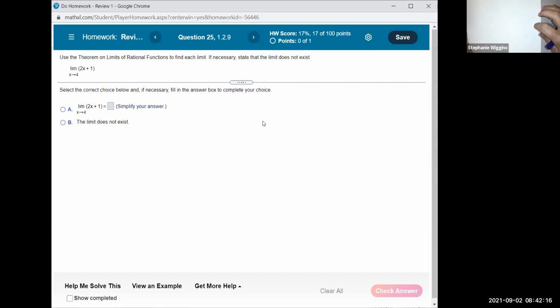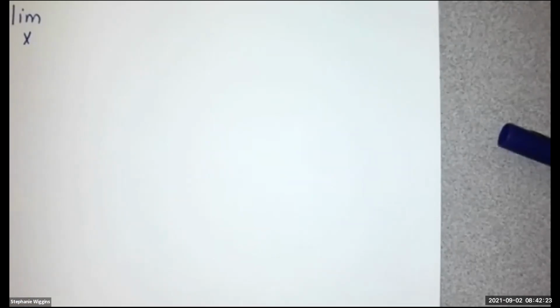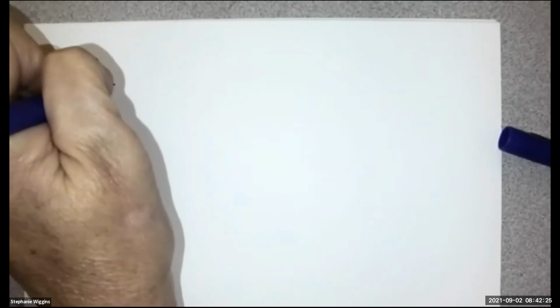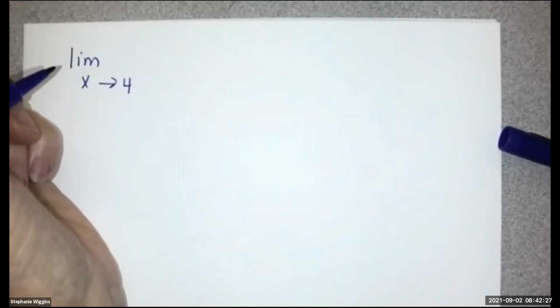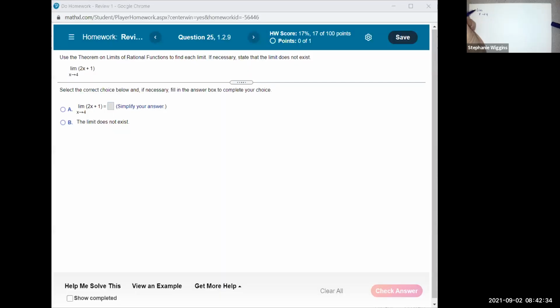Okay, so here we have the limit as x approaches 4. I'll just do it. Wait, what was that? I forget what it was. Hold on. 2x plus 1.